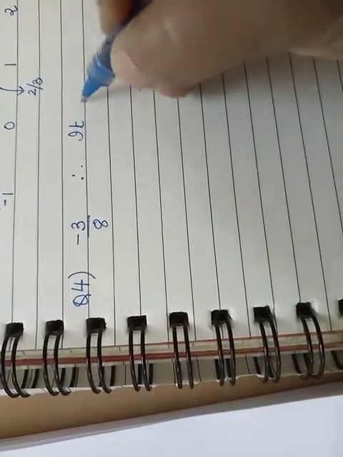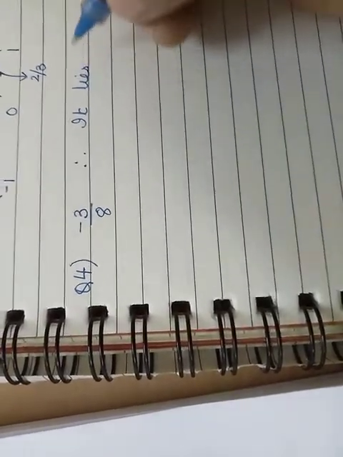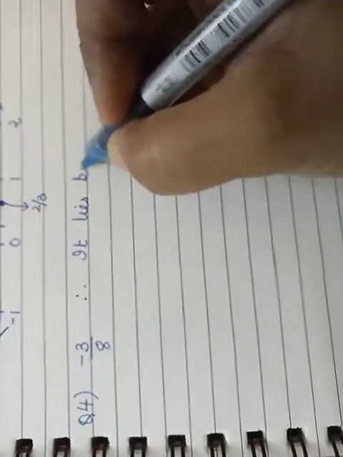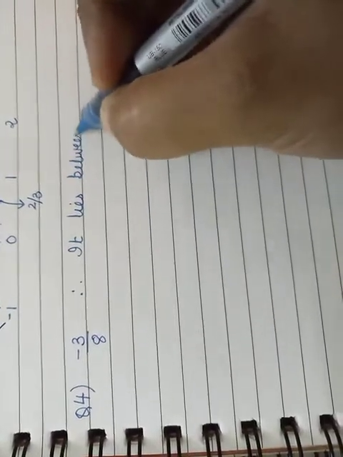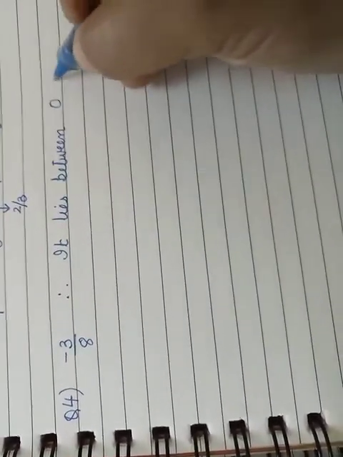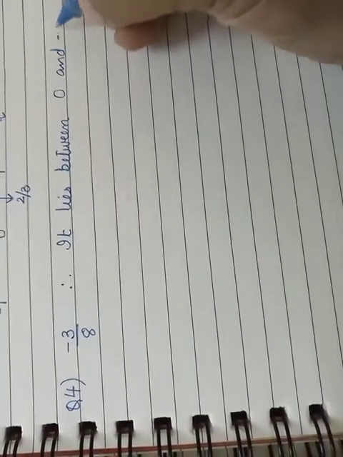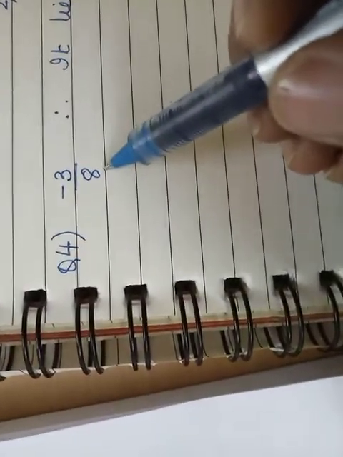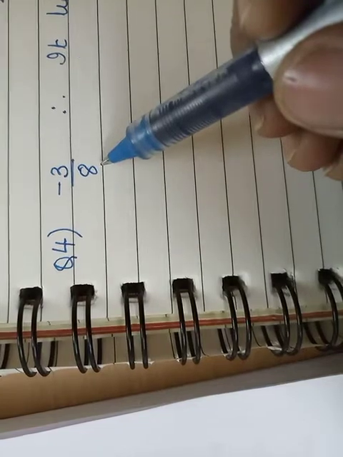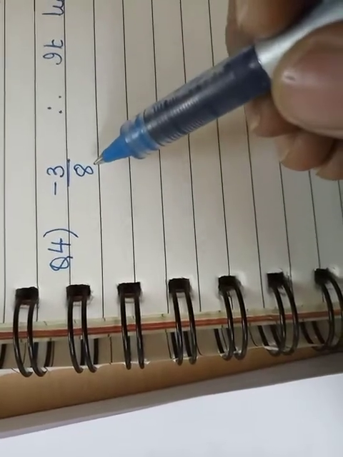Therefore, it lies between 0 and -1. How many parts? What is the number in the denominator? 8. So how many parts do we have to make? 8 parts. For that, how many lines are we going to draw? 7.